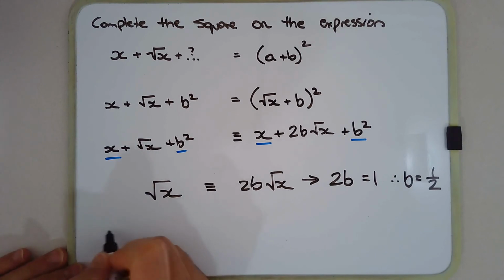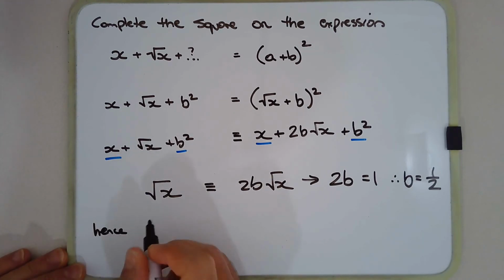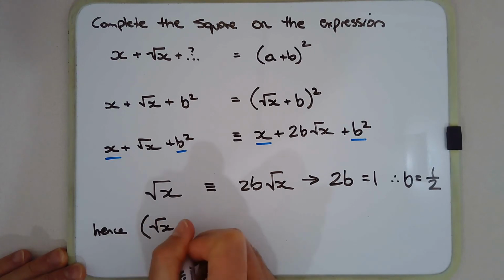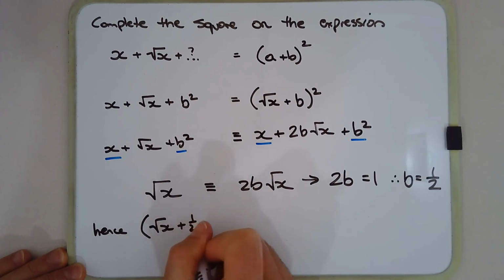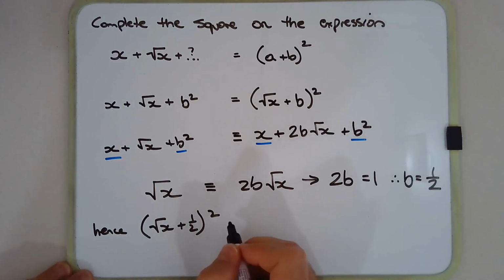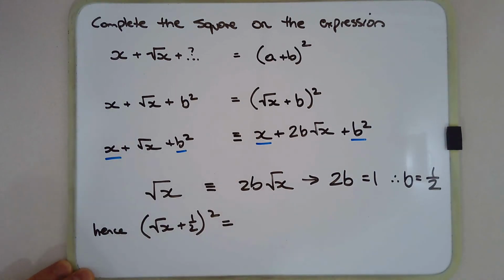Hence, root x plus half. Since we found the value of b, we could square that, you get 1/4. You can put a quarter in there and we've answered the question. Let's just for the exercise expand this. Square root of x all squared is just x plus twice the product of the inner terms.